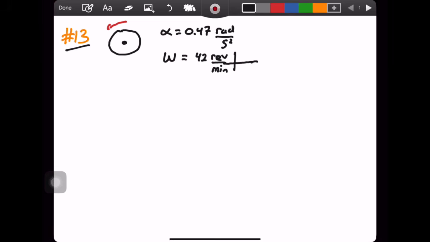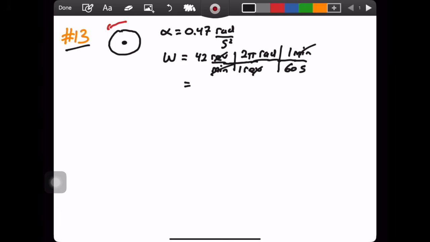It turns out that for one revolution, you cover 2 pi radians. And that allows me to cancel revolutions. So now I'm in units of radians, so that's good. But now I want to get from minutes to seconds. And so 1 minute is equal to 60 seconds. And see how the minutes cancel out? And so you just multiply the columns.